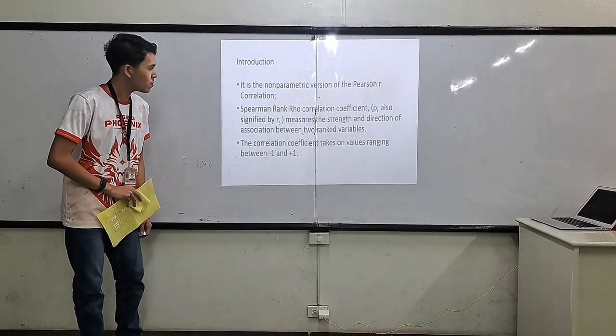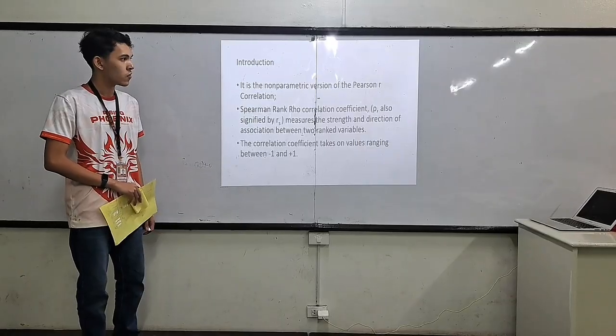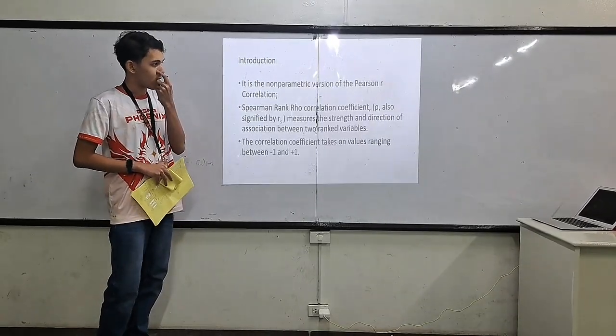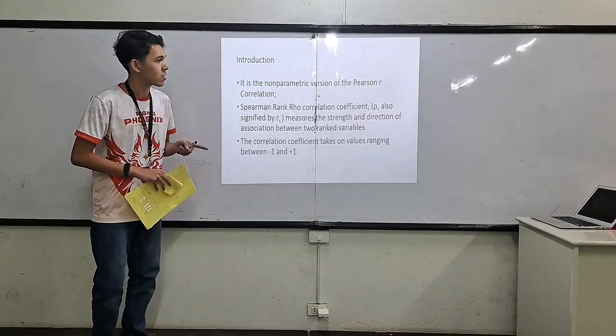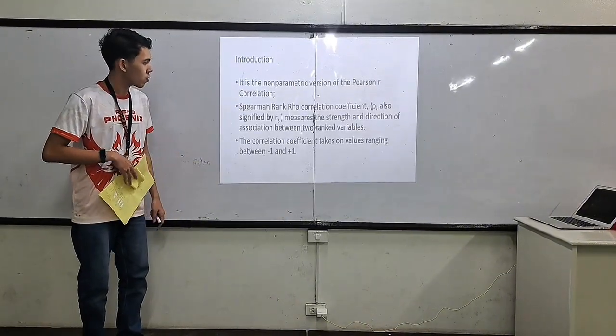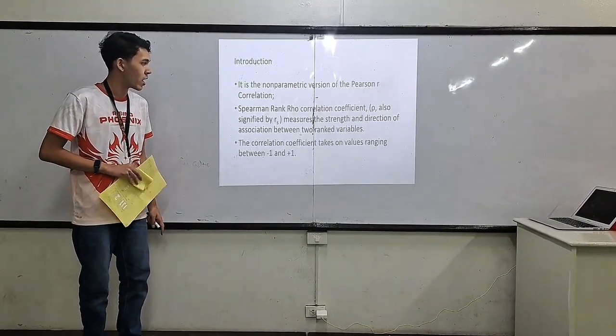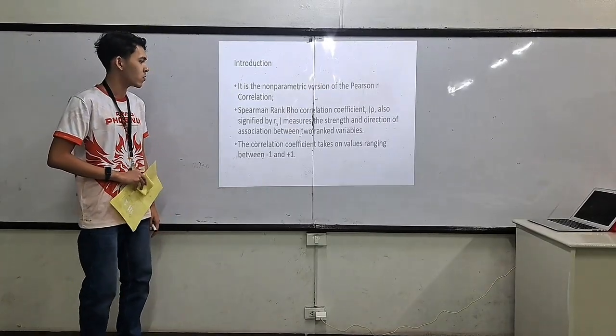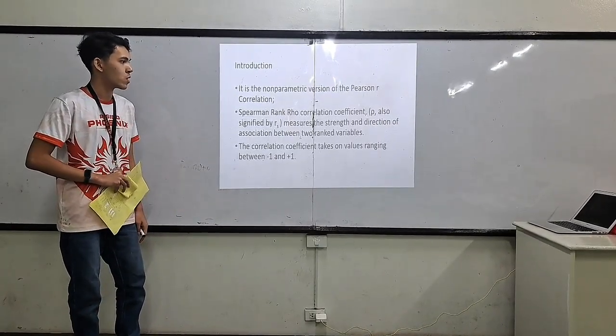Next is the Spearman rank correlation coefficient, also known as rho, which looks like the letter p, or also signified by r sub s. It measures the strength and the direction of the association between two variables.